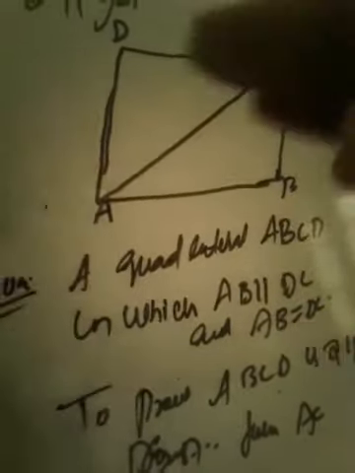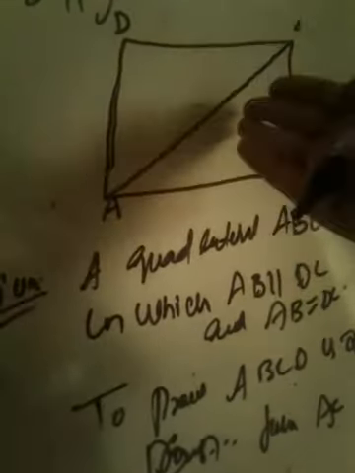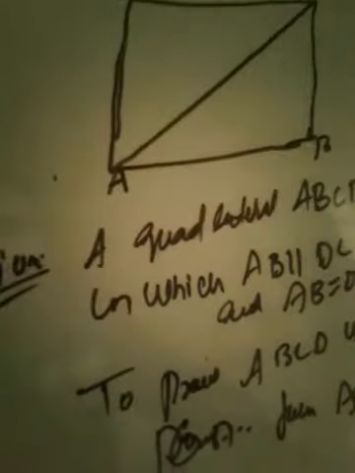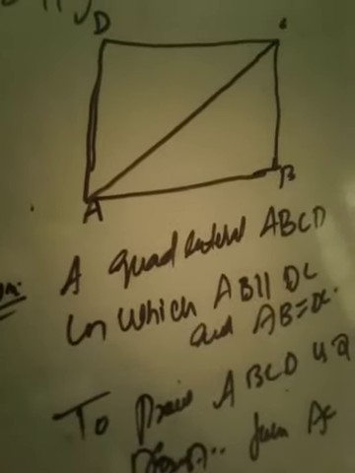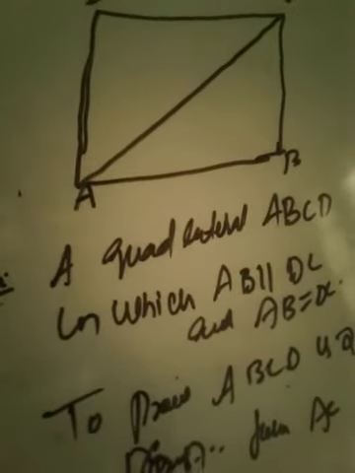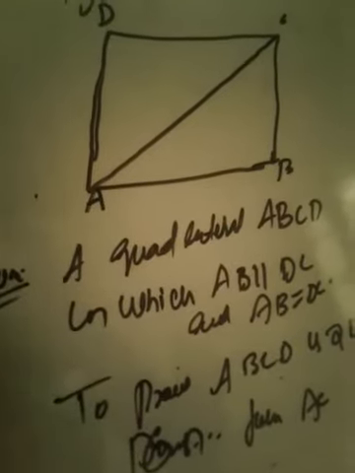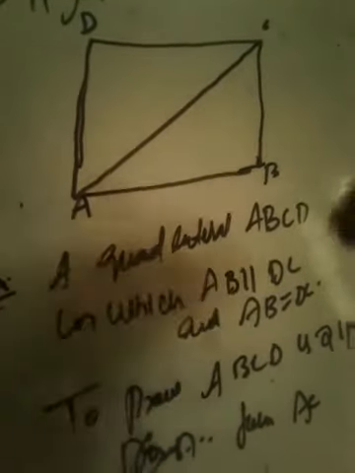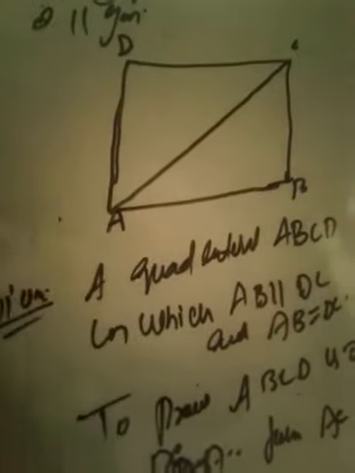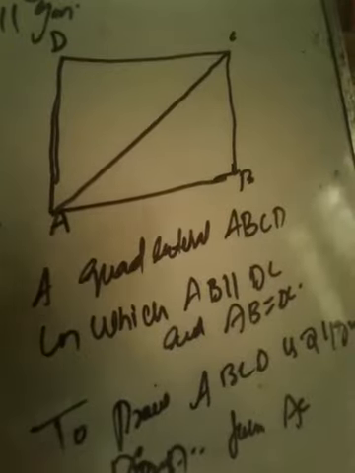We will make this triangle congruent to this triangle, and we have to show that this is a parallelogram. What is a parallelogram? First definition: a quadrilateral whose opposite sides are parallel. Then it has the property that the opposite sides are equal, and so on. But the definition is that a quadrilateral is a parallelogram if its opposite sides are parallel.